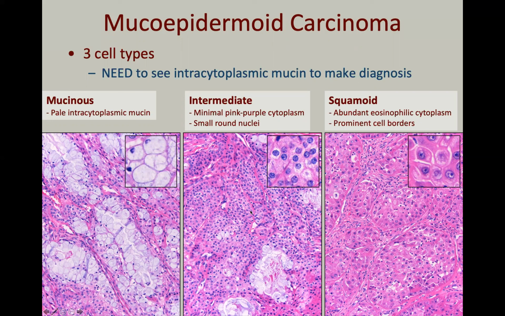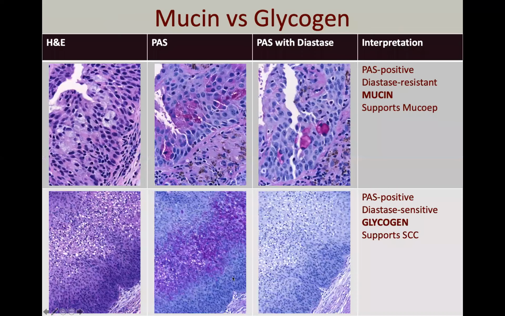And the intermediate are nondescript, in between. They're bland and polygonal. They don't have well-defined cell borders like the squamoid. They don't have such clearing like the mucinous, but they're very bland, monotonous, nondescript cells. This is in fact the majority cell type you're probably going to see in a mucoep.